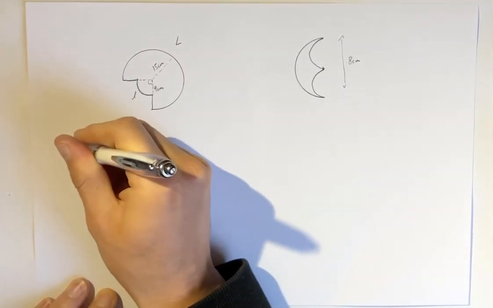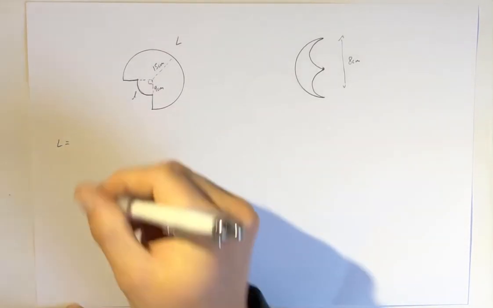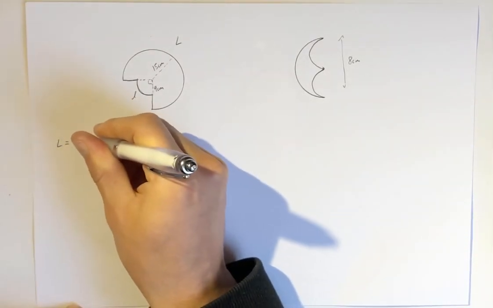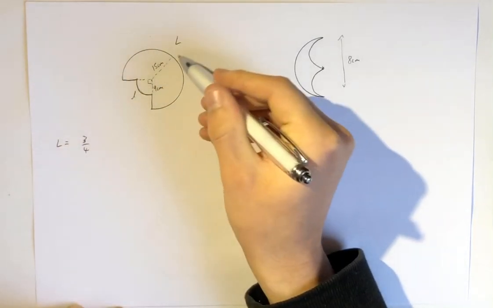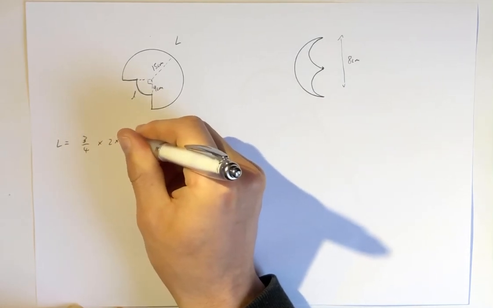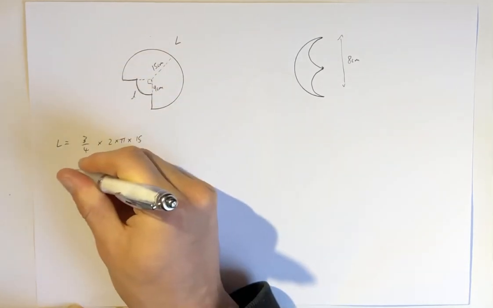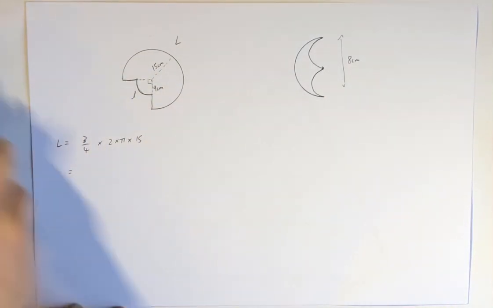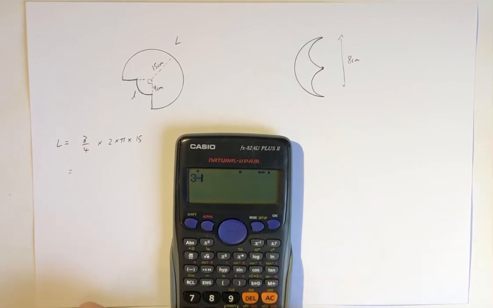So big L, we want 3/4 of a circle that has radius 15. So 3/4 times 2 times pi times that radius 15. And I'll alternate between using a calculator and just using 3. So 3 divided by 4 times 2 times pi times 15.